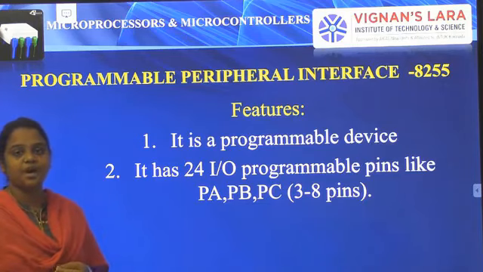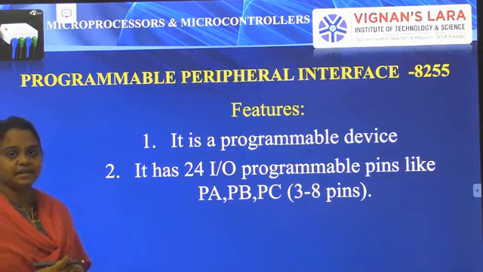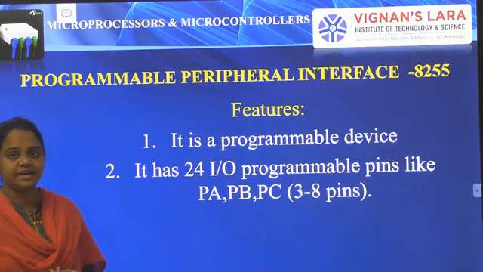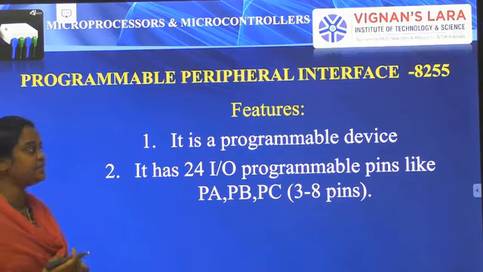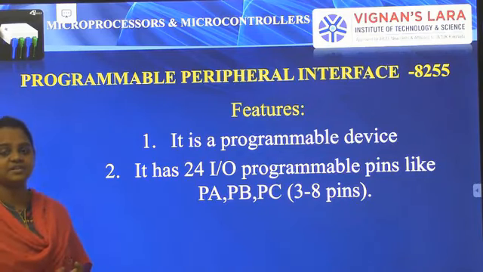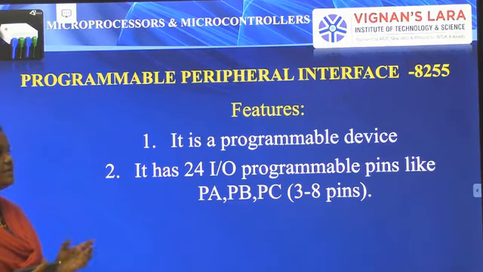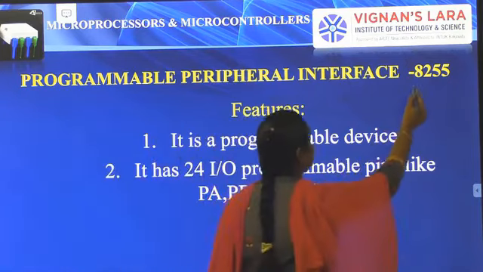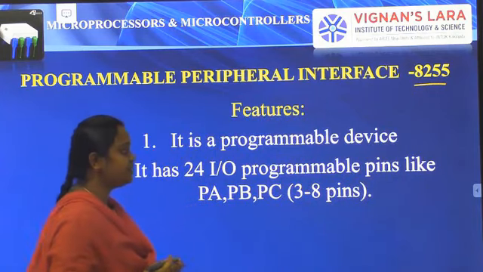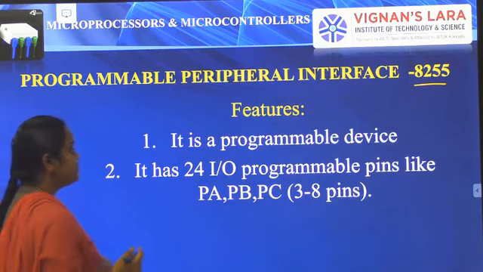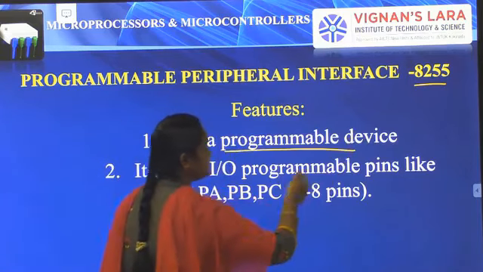That means we are going to program it for connecting the 8086 to various devices like mouse, keyboard, pen drive, 7-segment displays, LED displays, LCD displays, stepper motors, and analog to digital converters and digital to analog converters, using this 8255 programmable peripheral interface.